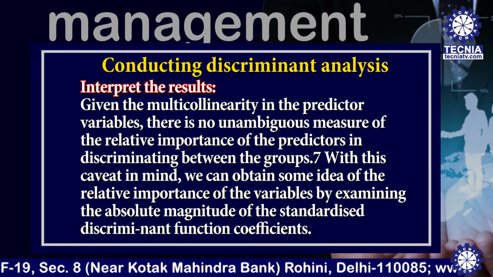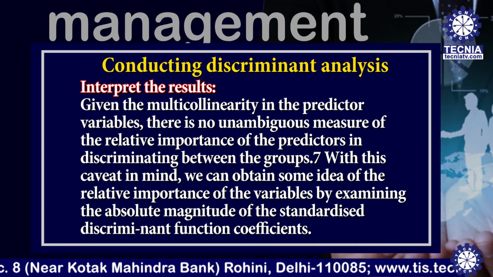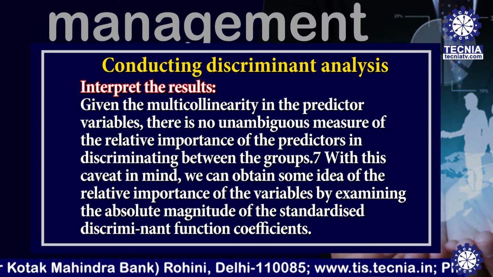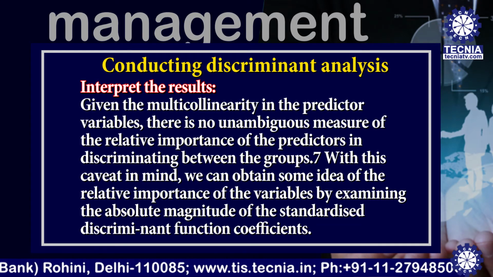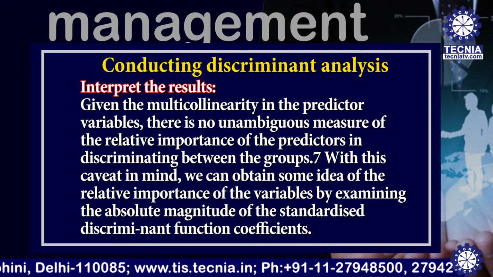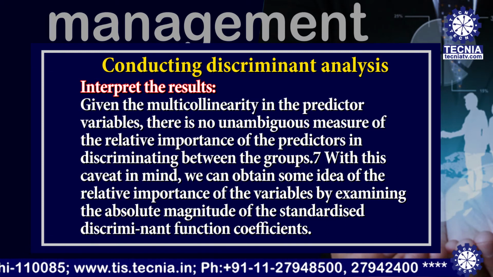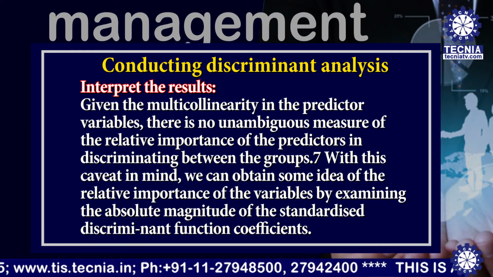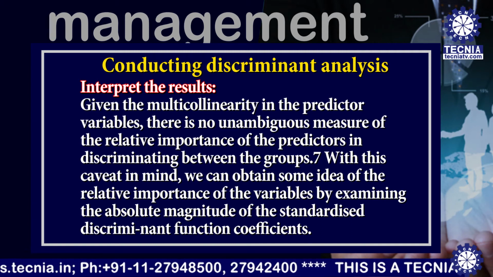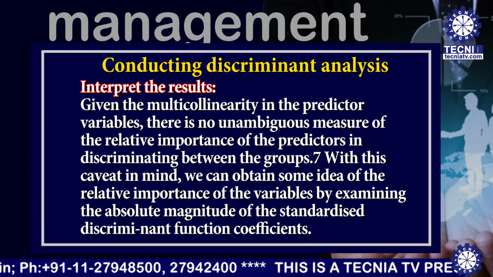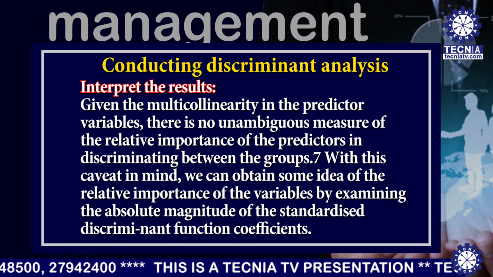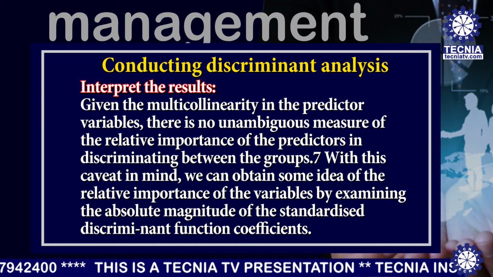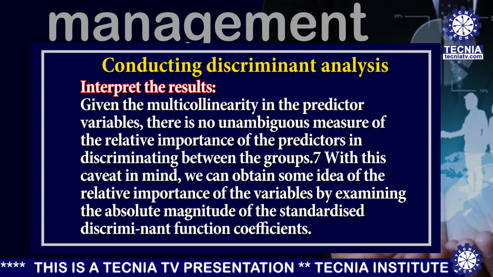Given the multicollinearity in the predictor variables, there is no unambiguous measure of the relative importance of the predictors in discriminating between the groups. With this caveat in mind, we can obtain some idea of the relative importance of the variables by examining the absolute magnitudes of the standardized discriminant function coefficients.